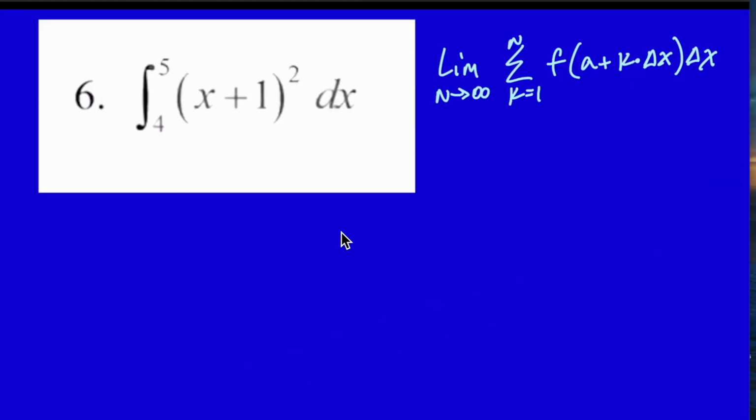Next, we are given this definite integral, and we're asked to find the Riemann notation. We're going to use this formula on the upper right for our pattern. First thing we recognize is that we're going to change from f of x to f of x on steroids. So this first part here is always the same.